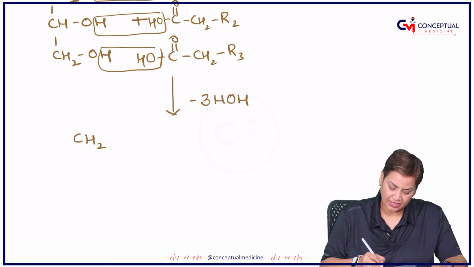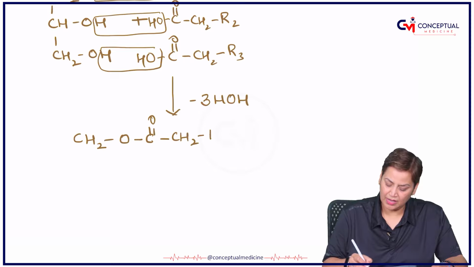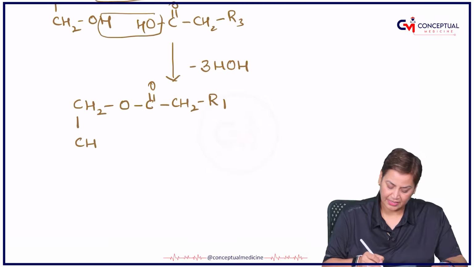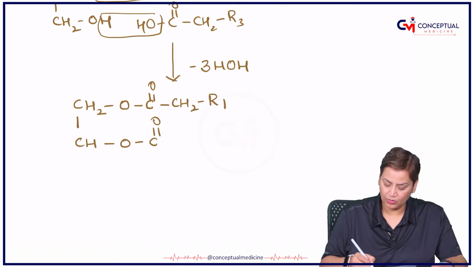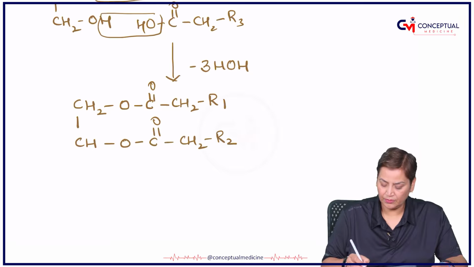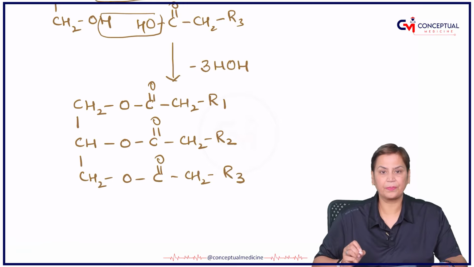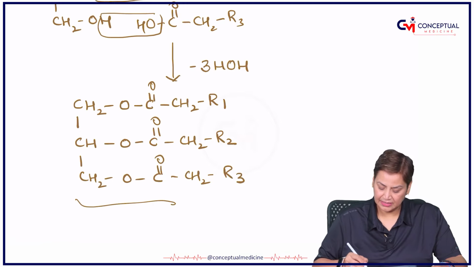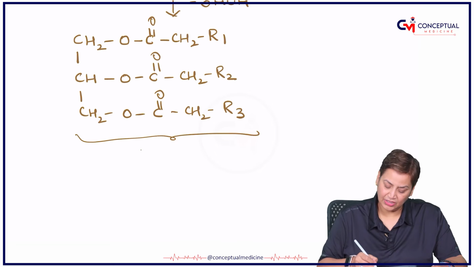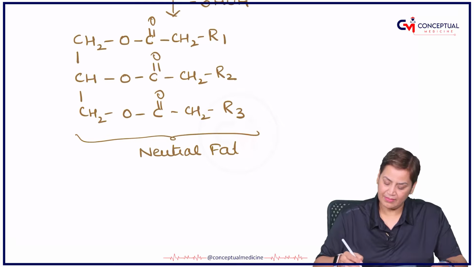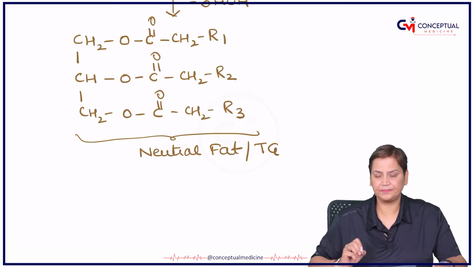This type of structure we get: CHO, C double bond O, CH2R1, connected only through the glycerol part; CHO, C double bond O, CH2R2; and CH2O, C double bond O, CH2R3. This is commonly known as neutral fat, or we can call them triglycerides.